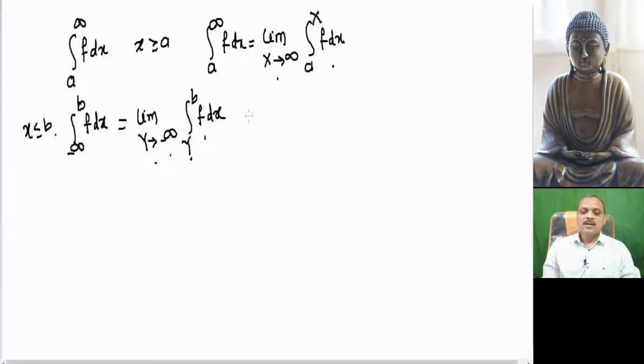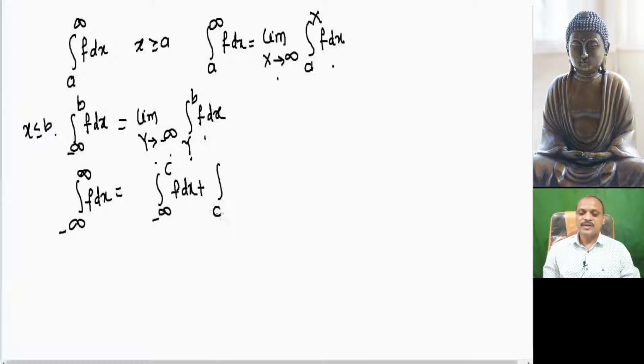Now friends, if we have both ends at infinity, minus infinity and plus infinity, we take a convenient point between minus infinity and plus infinity. Suppose that convenient point is c. We split the integral into two parts, minus infinity to c and c to plus infinity.